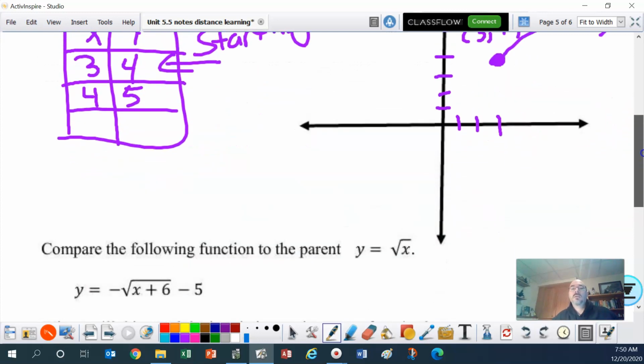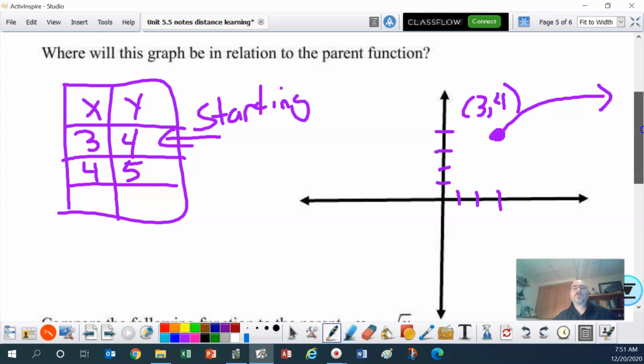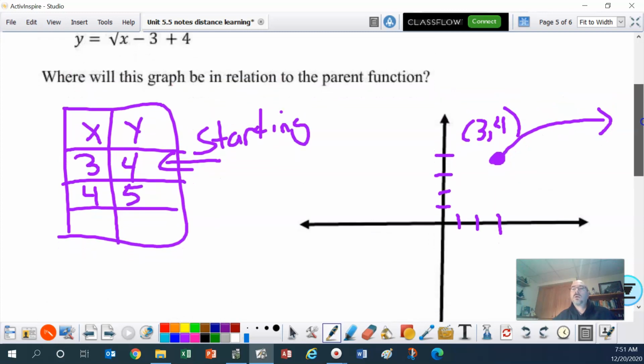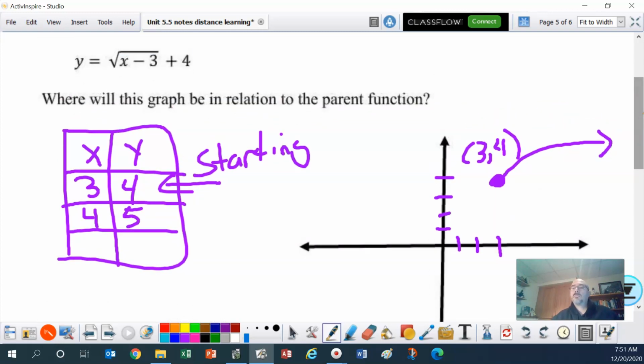Okay, so ladies and gentlemen, what in the world is going on here? Well, it looks like it moved left. Where is it in relation to the parent? Well, no, it moved right. Sorry about that. It moved right 3 and up 4.